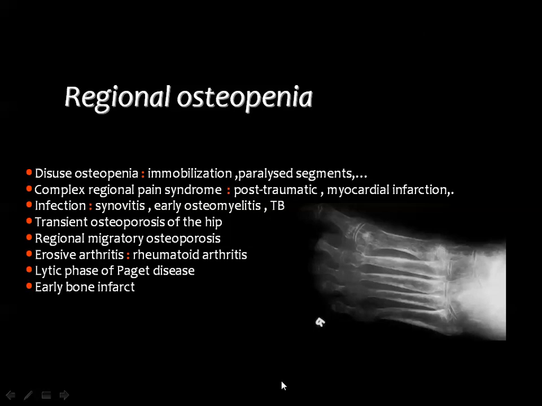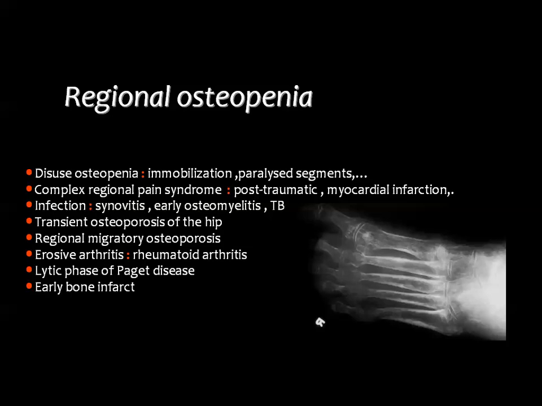Then we came to osteopenia or regional osteoporosis, and this may be the sequela of immobilization or paralysis, or the sequela of this syndrome known as complex regional pain syndrome or reflex sympathetic dystrophy or Sudeck atrophy.